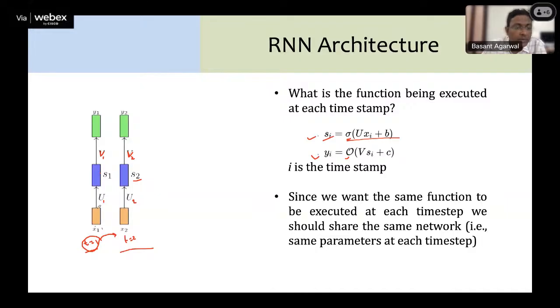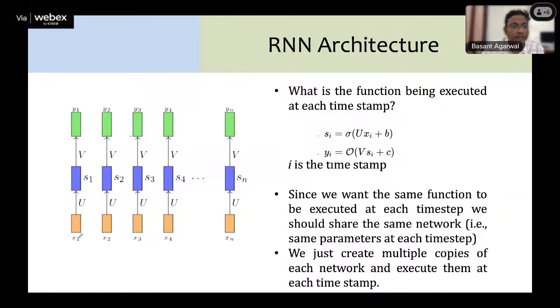We can directly pass from here, or we can pass from here, or from here. But if we don't have the same parameters shared in different timestamps, the network will not have previous information, because that way we'll have different functions. Okay, that is why it is important that we share the weights between different timestamps and we execute the same function.